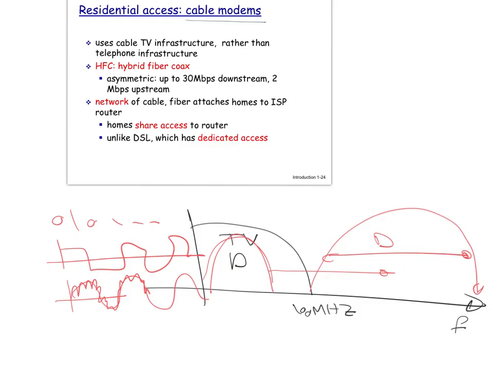So the idea here is that for TV broadcast, remember what TV broadcast means? You have a broadcast of a set of channels that gets transmitted to all the residential homes. And then at home you switch to one channel, right? But all the channels are broadcast.